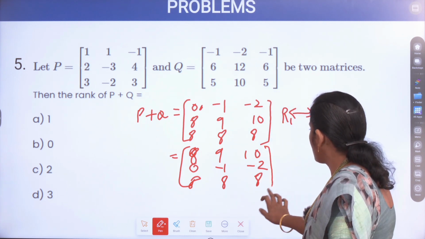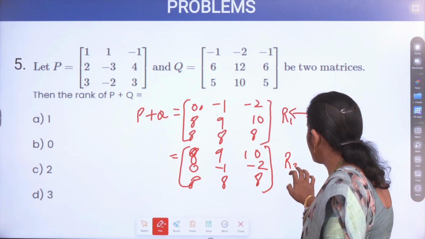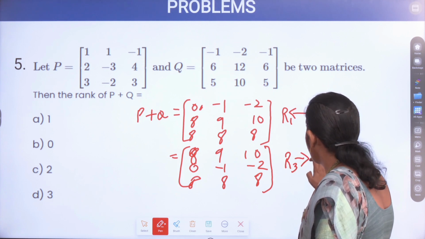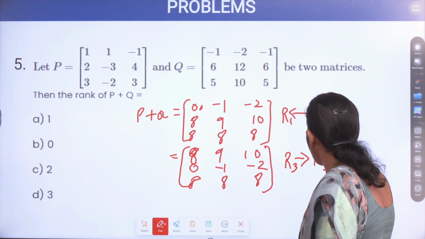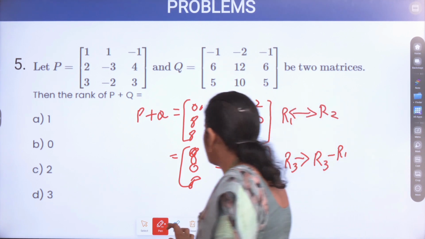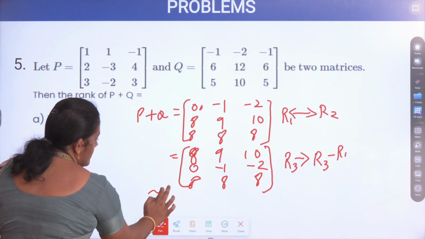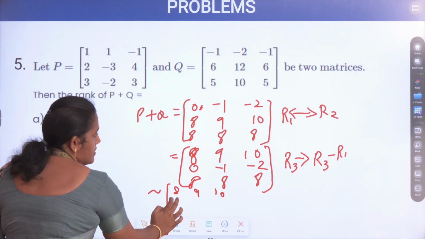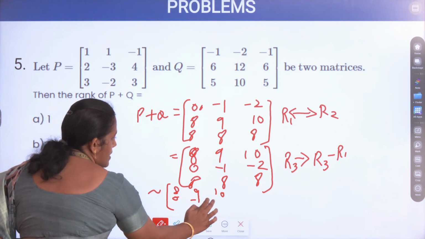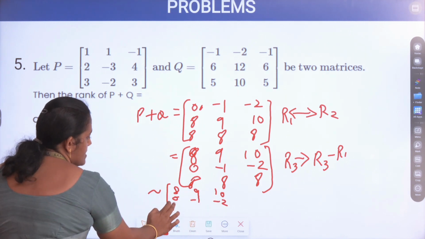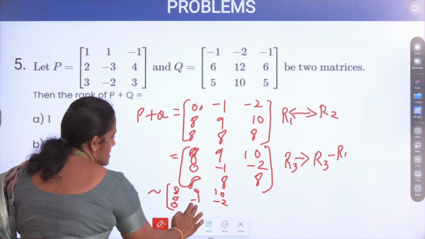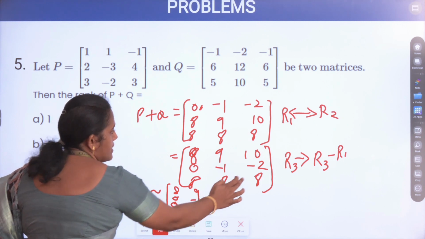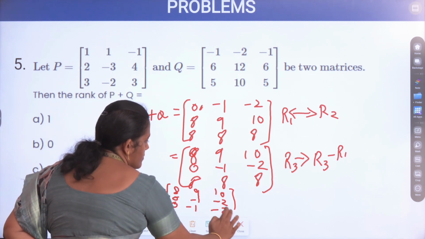Using the row echelon form, R3 implies R3 minus R1: 8, 9, 10, 0 minus 1 minus 2, 8 minus 8 is 0, 8 minus 9 is minus 1, 8 minus 10 is minus 2.